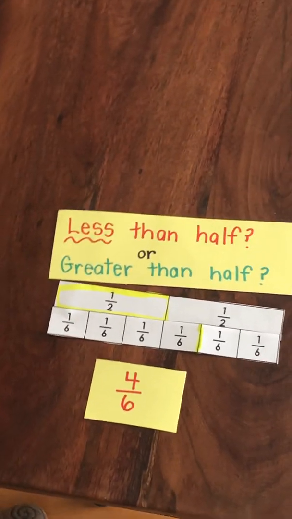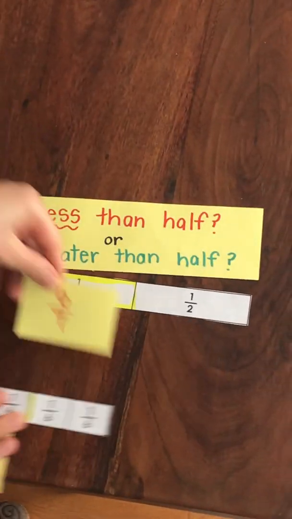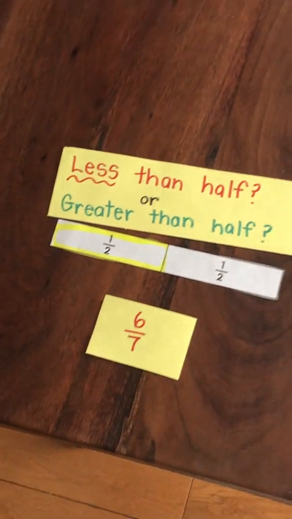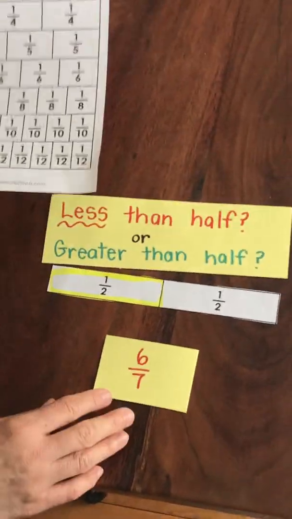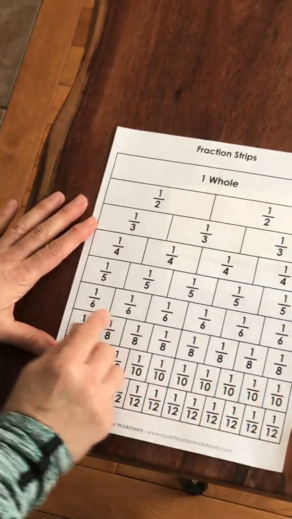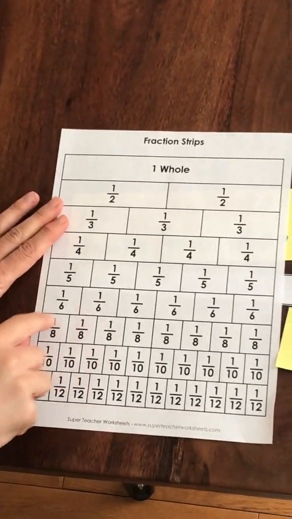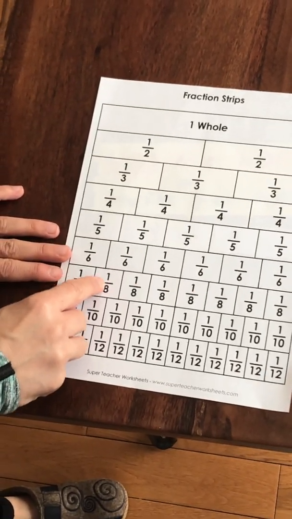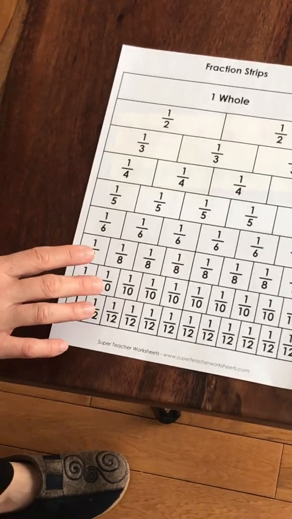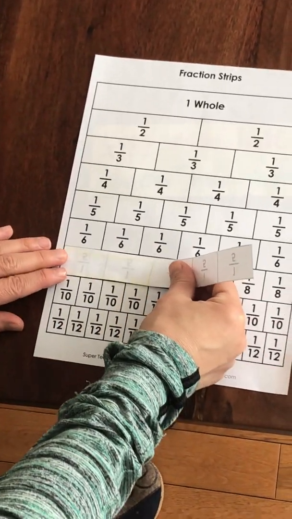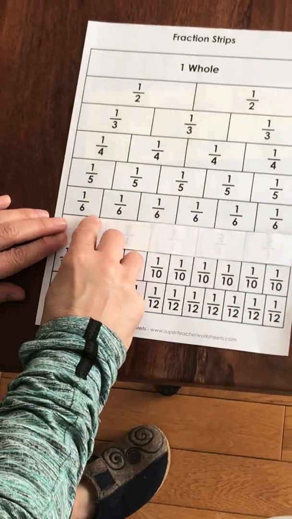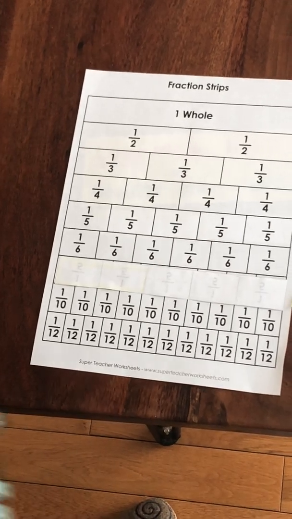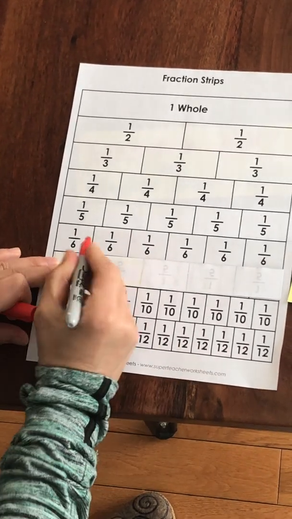Now there is an interesting one, and it was 7ths. We don't have a fraction strip for 7ths, so I'll show you how I figured this out. I know that 6ths are this big and 8ths are a little bit smaller, so 7ths would be somewhere in between those. If I had to make a fraction strip for 7ths, I would make them right in between those. It's not going to be perfect, but the 7ths are going to be a bit smaller than 6ths.